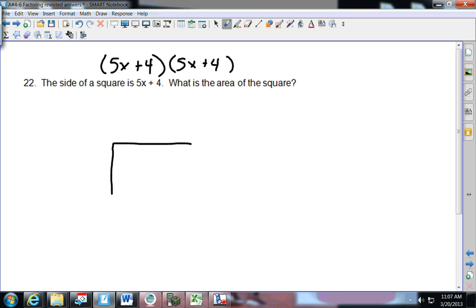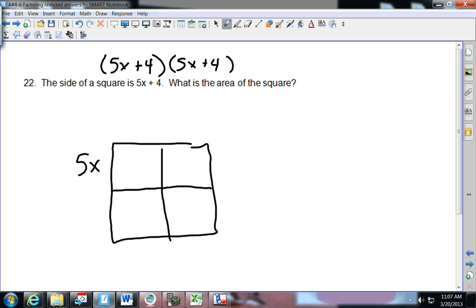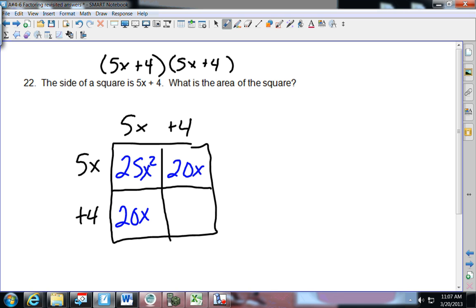So to find the area, let's go ahead and multiply. 5 times 5, 25x squared. 5x times 4 is 20x. 4 times 5x, 20x. 4 times 4 is 16.